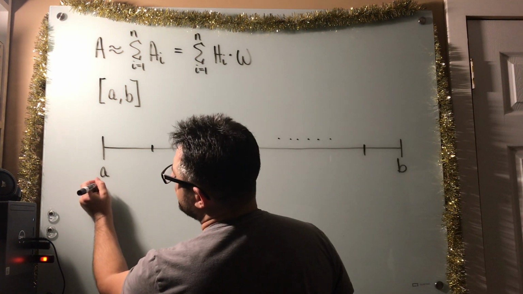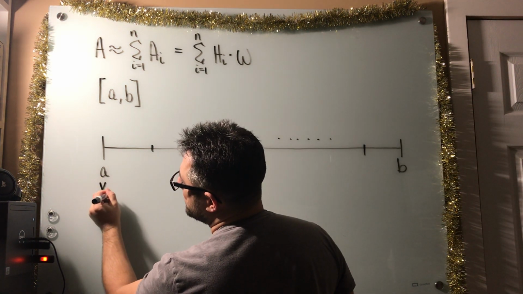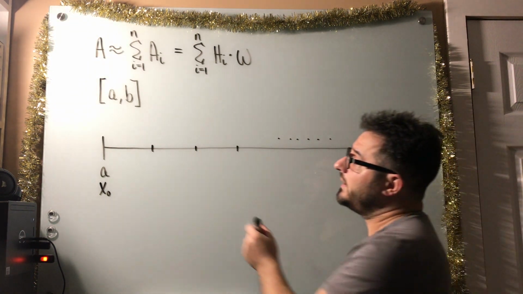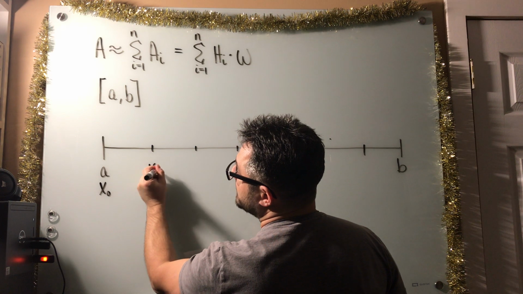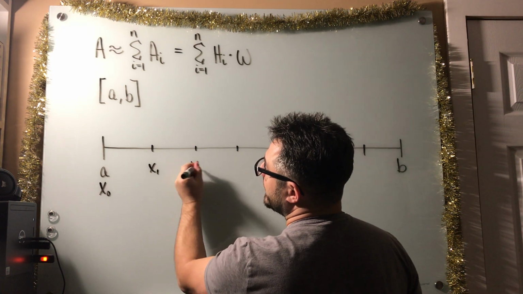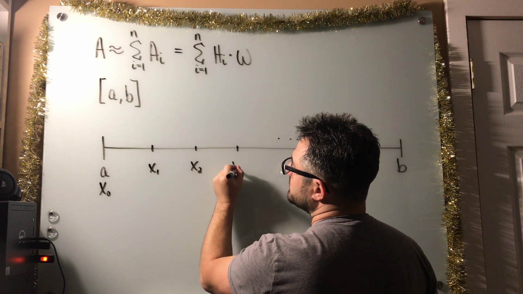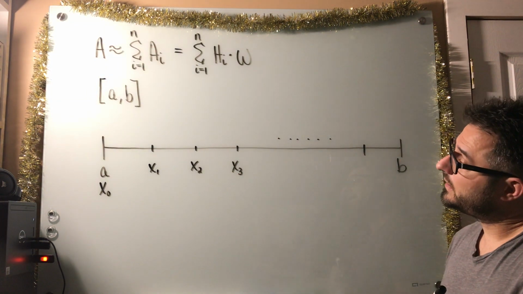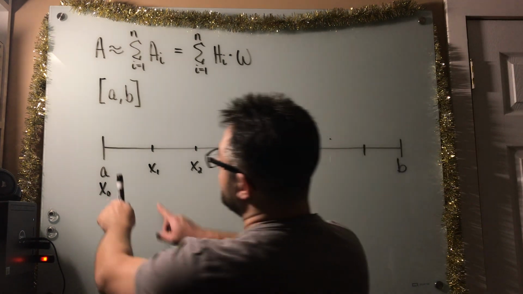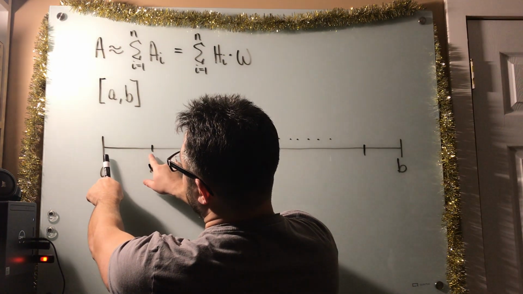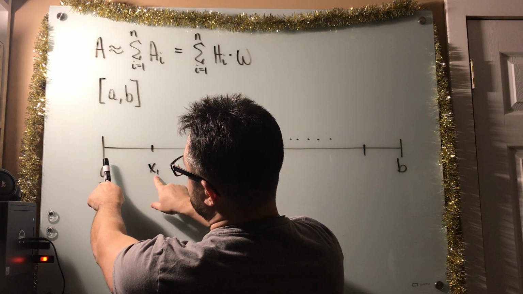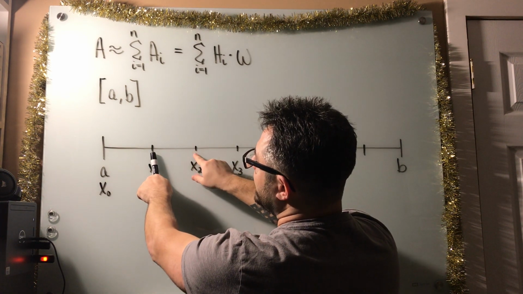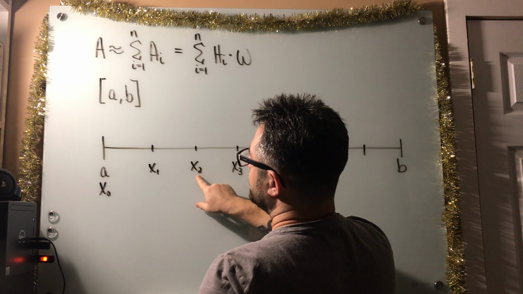So I'm going to start down here at A. I'm going to call that X sub 0. That makes this X sub 1, X sub 2, X sub 3, and so on. The idea is that the right endpoint of the first interval is X sub 1. The right endpoint of the second interval is X sub 2.